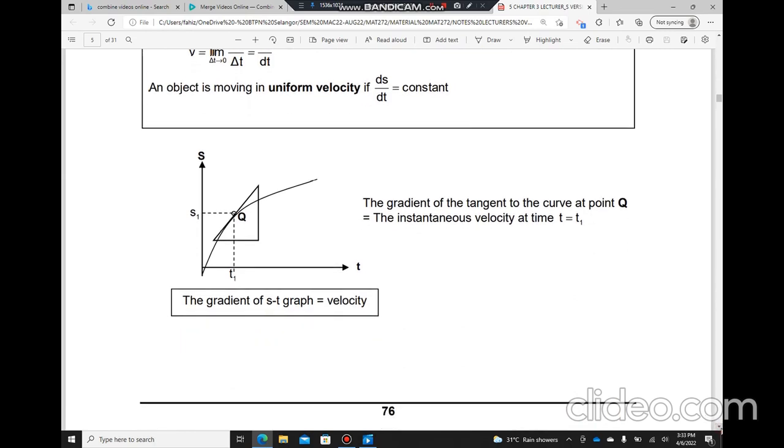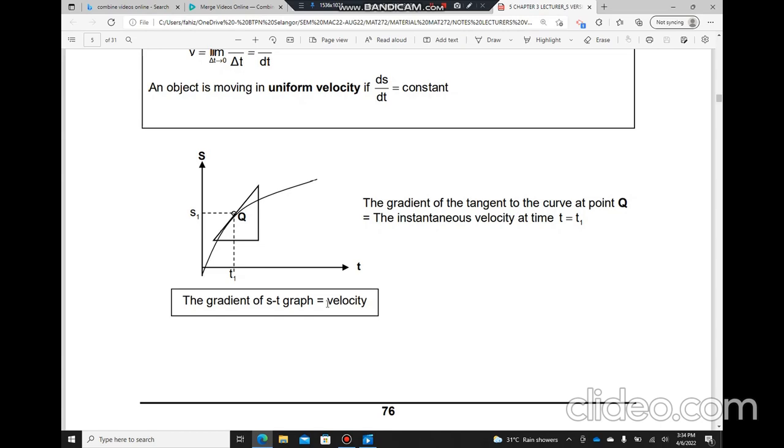Okay, the gradient of the tangent to the curve at point Q equals to the instantaneous velocity at time t equals to t1. Yang ni kalau kita perform dalam bentuk graf, kalau graf S displacement lawan t time. Okay, so curve ni awak dapat untuk nilai velocity. So the gradient of ST graph equals to velocity.